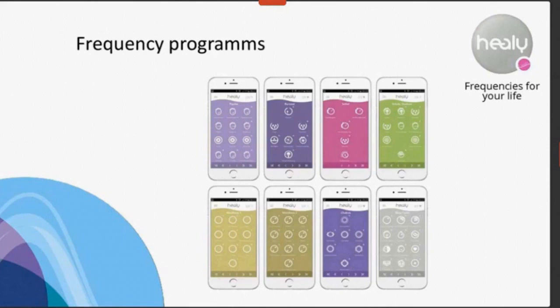So if somebody is using a TimeWaver frequency machine, they could remotely program all the Healy devices of their customers with very specific individual programs, which are even beyond the programs pre-installed on the Healy app. But that will come in another webinar.